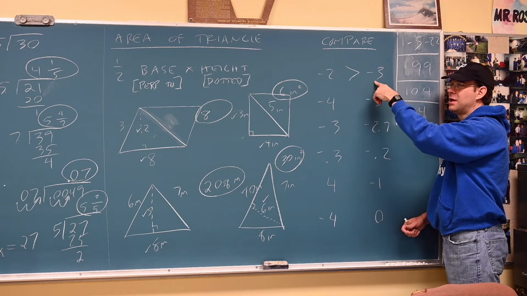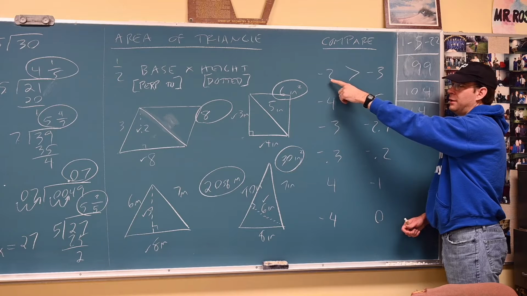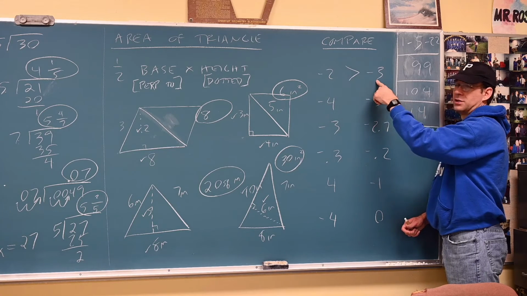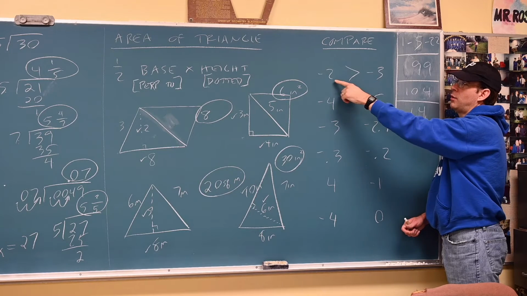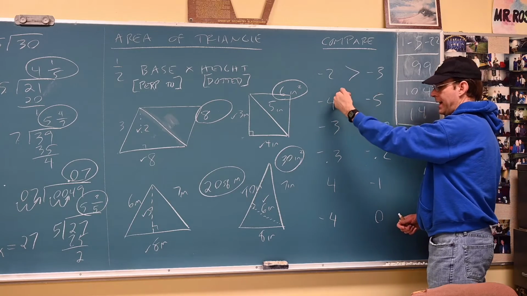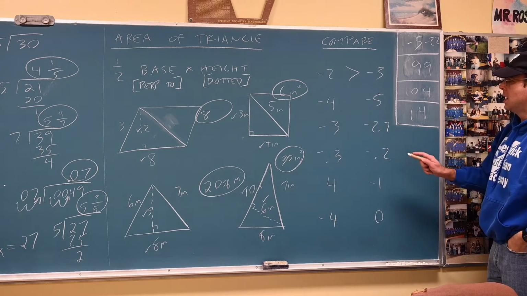You're pretty mad at your team either way, but if you had to pick one, you'd rather lose 2 yards. Or if you like money, this is you owing your friend $2. This is owing your friend $3. You're not real thrilled either way, but if you had to pick one, you'd rather owe them $2. If you think you've got a handle on that, pause the video, take a second, and do the rest of these.